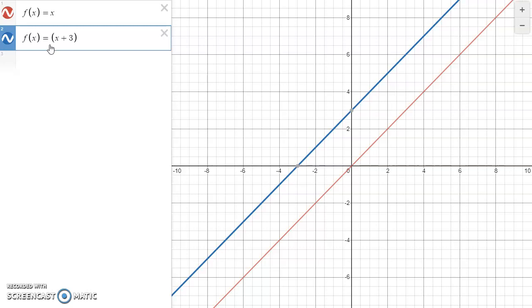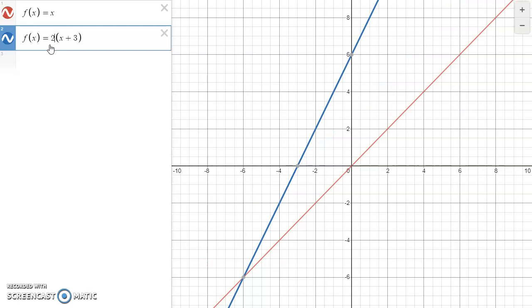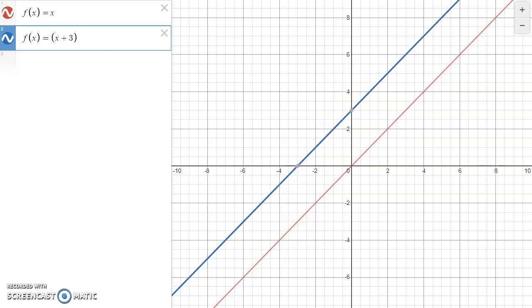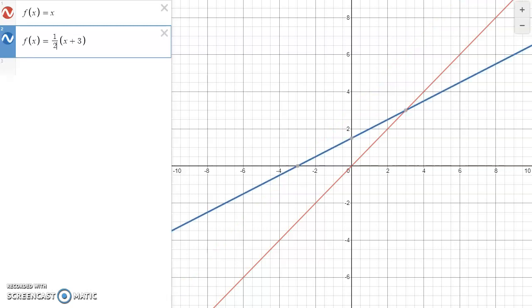So if I, for example, write, let's say 2, your line becomes steeper. So I want you to notice the blue line. It now becomes steeper. Let's erase that and go back to where it's a 1. What if I have, let's say, 1/2? 1 divided by 2. It becomes less steep.